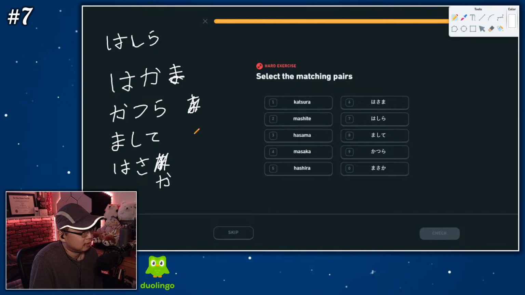Ha shi ra. Why am I drawing a blank on ra? Da is da. Ra. Whoops, that's a little too accented, but hashida.